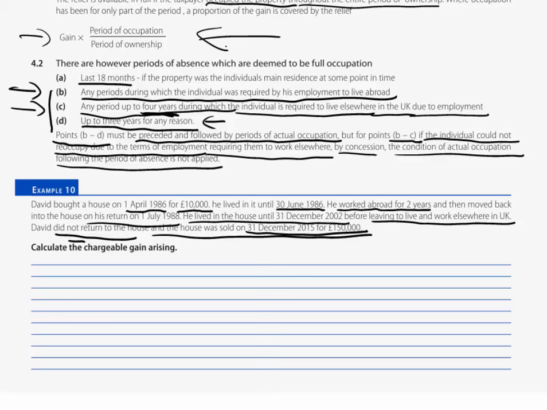So I'd like you to spend a few minutes working out what you think those time apportionments are going to be, and then return to this example, and we will review the answer that we should have got.